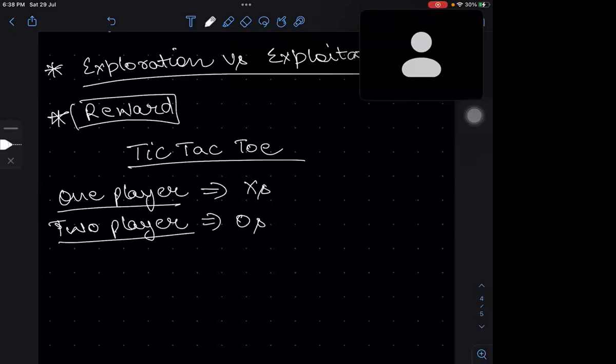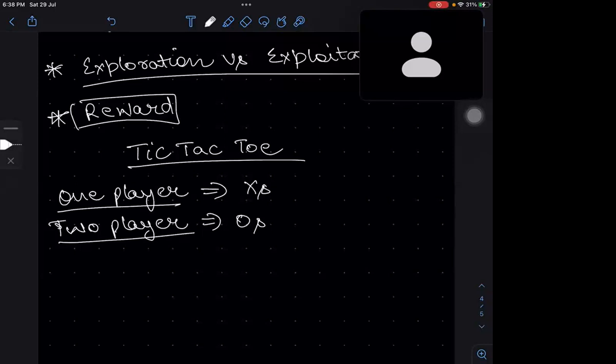There is a 3x3 grid, and each player will have at most 4 or 5 moves to win. For winning, either horizontally, vertically, or diagonally, the same symbol needs to match.